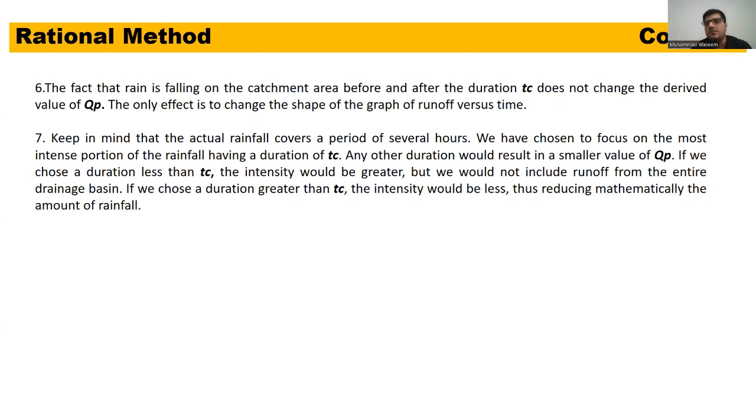So the hydrograph was already declining. Now, if the rainfall event is longer than the time of concentration, we know from intensity, duration, and frequency curves that when the duration increases, the intensity decreases. So mathematically, the peak will be reduced. Let's move towards a rational method problem, which will clear up much of this.